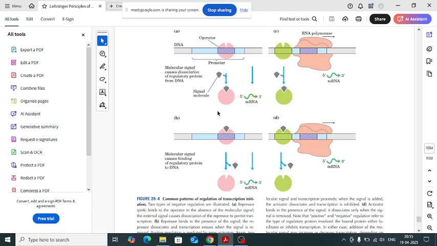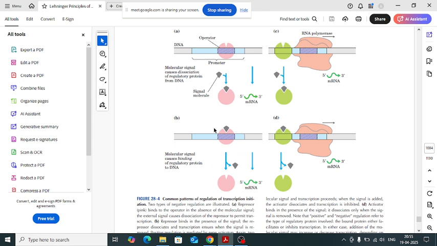But when the signaling molecule is dissociated from here, then the repressor will also be dissociated. In the absence of the repressor, RNA polymerase will sit over there and induce the expression of this gene. So here this molecular signal is causing the inhibition of the transcription of this particular gene, right?